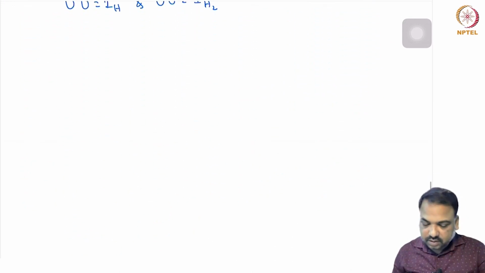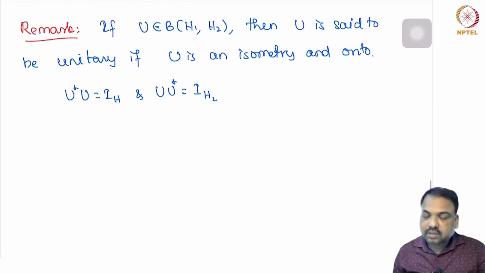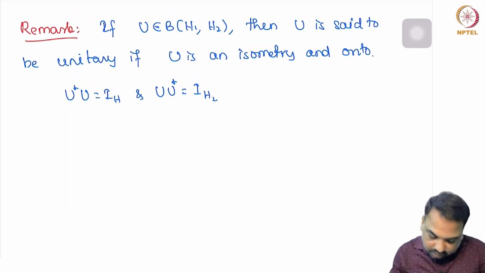Okay. Next we want to define partial isometries. So here we have one observation.